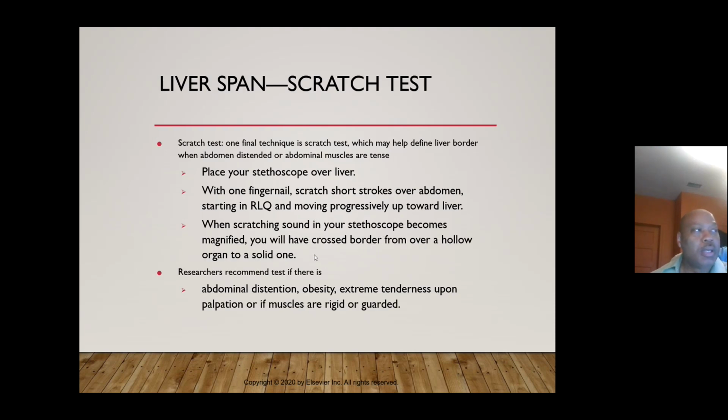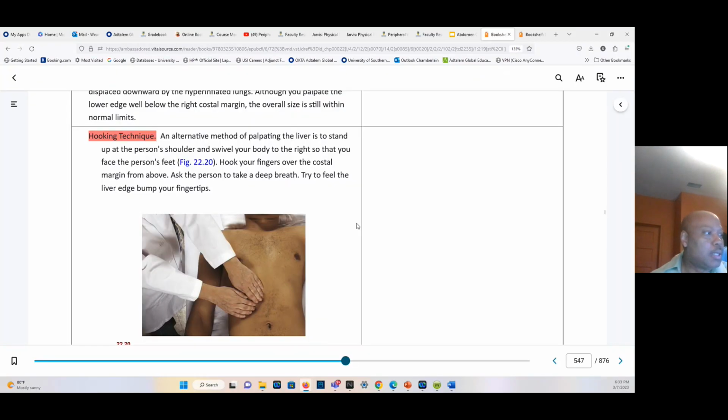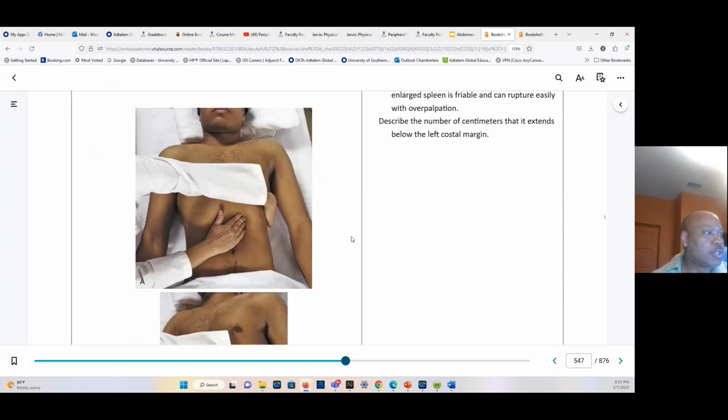All right. Now, in terms of assessing the span of the liver, sometimes the abdomen is distended, or the patient is obese, or too tender for palpation, or the muscles are rigid and guarded. Another test we can do is referred to as the scratch test. I think there should be an image of that as well.